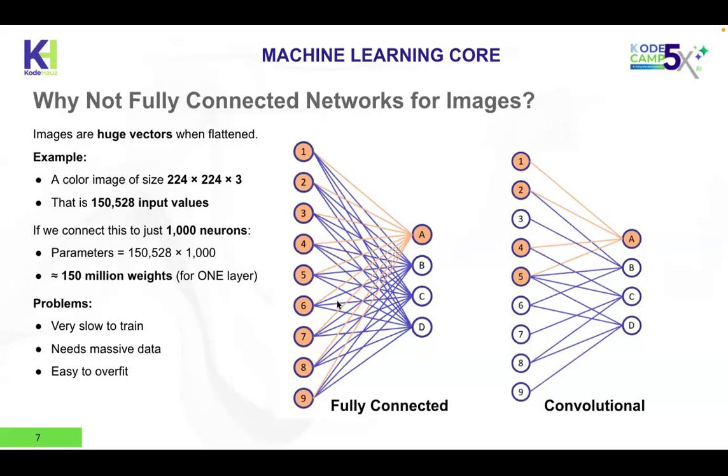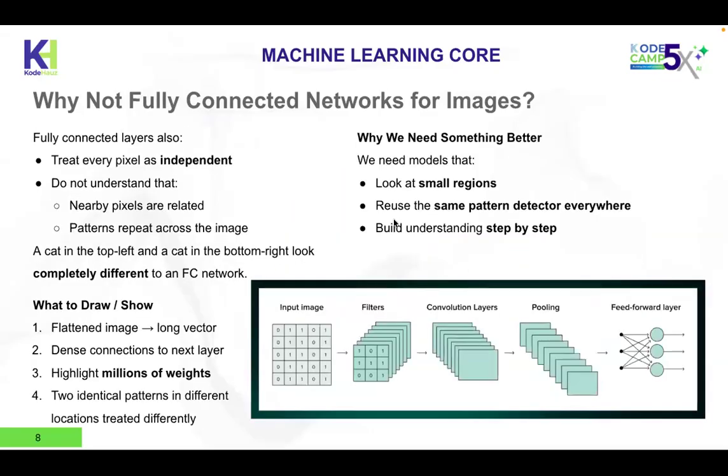So if you were to put a cat at the top left, and then move that same cat to the bottom right, those are two different cats as far as a fully connected network is concerned. But convolution is better able to detect that, and we talked about some of those things. Also, a convolutional neural network has less density compared to a fully connected network, but it does the same thing.